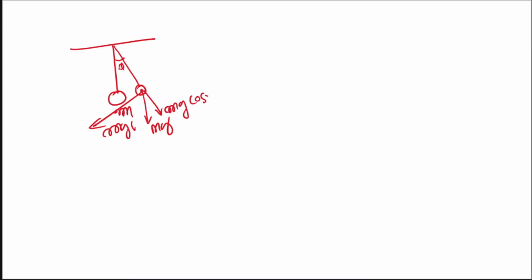And we know that if this theta is small, this mg sine theta will almost point towards the equilibrium point, right? Equilibrium position. So for a small displacement, we will feel like there is a force acting towards this point, and that is equal to mg sine theta.